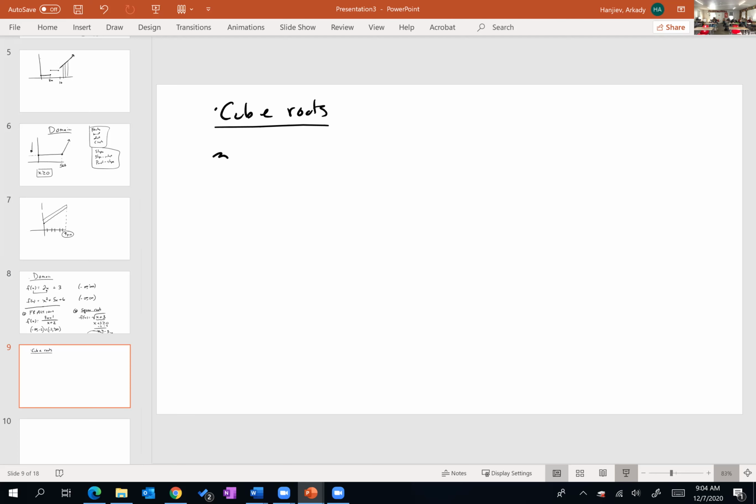If I have a cube root of 8, give me a number, multiply itself 3 times to give me 8. 2. All right.